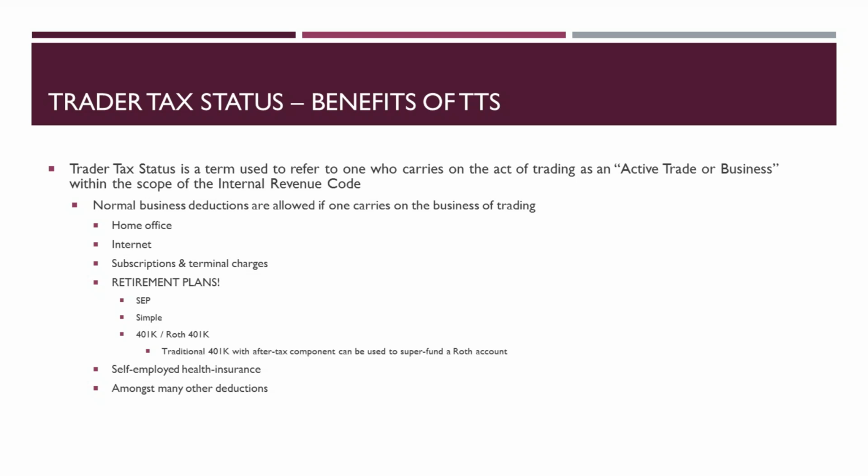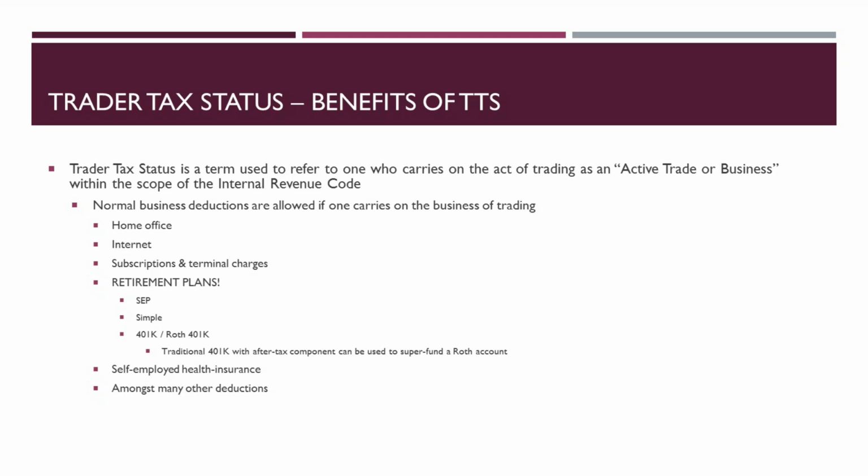It's viewed in the eyes of the IRS, assuming one qualifies, as any other business. So you're able to deduct home office costs, internet subscriptions, health insurance, and any of the other deductions that are afforded to any other business.